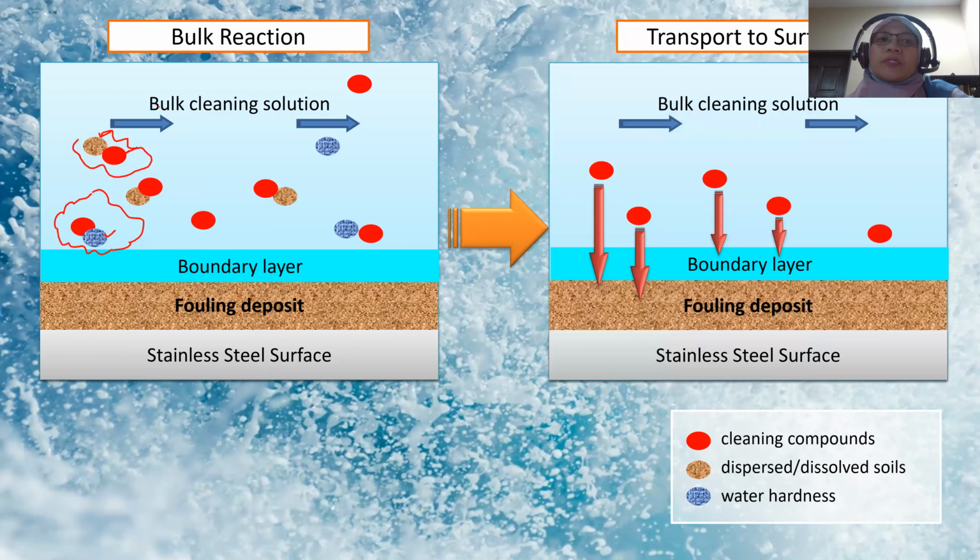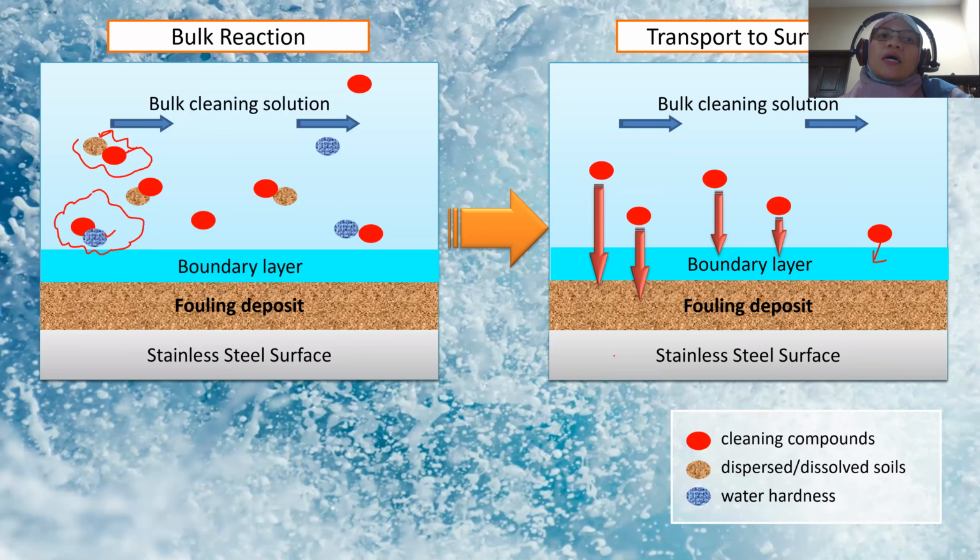The next step is transportation of the detergent to the surface through the boundary layer. So this chemical compound is transferred to the surface through the boundary layer, and absorption between the liquid and solid interface.